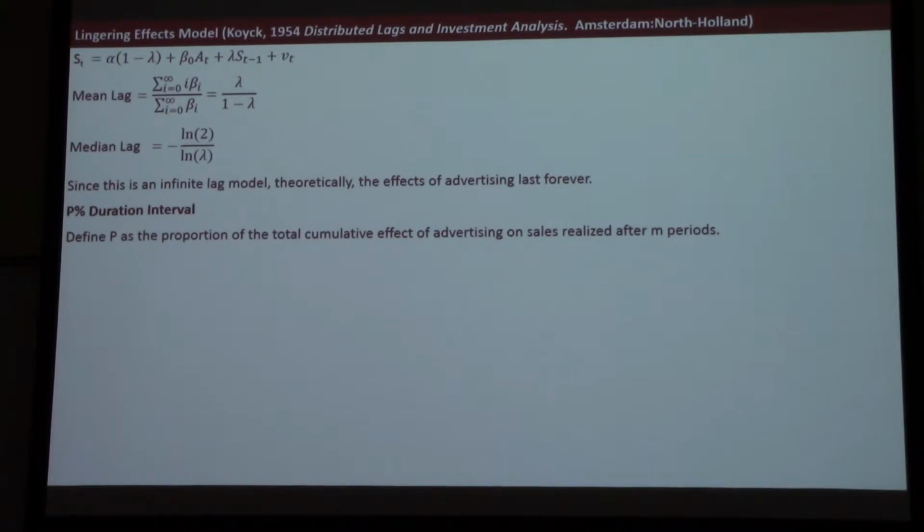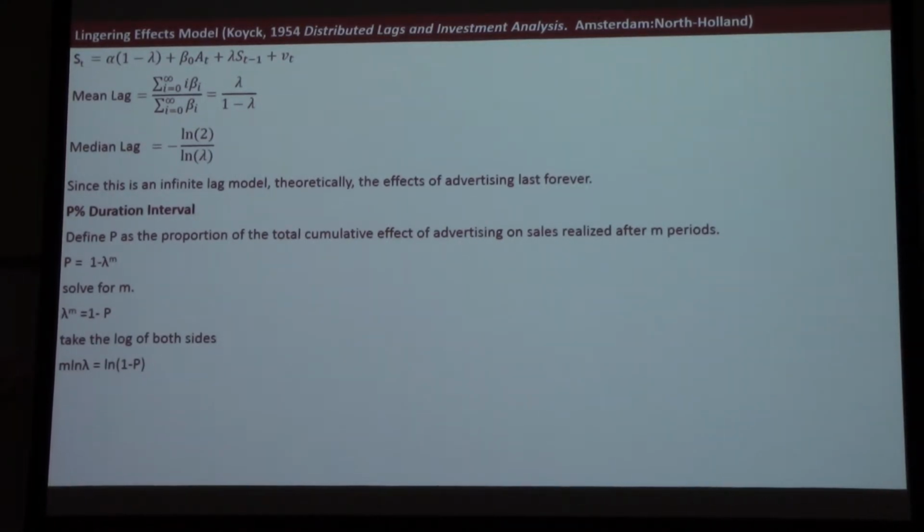So we calculate these duration intervals. Define P as the proportion of the total cumulative effect of advertising that is realized after m periods. So P equals 1 minus lambda to the m. We solve for m, so get lambda by itself. How do we solve for this? One way is to take the log of both sides.